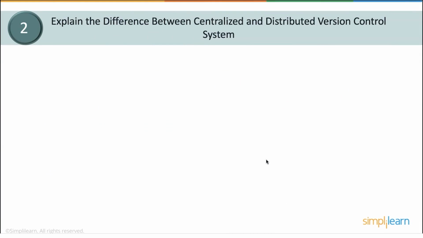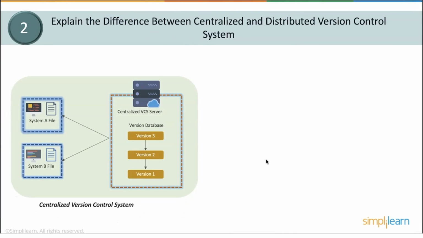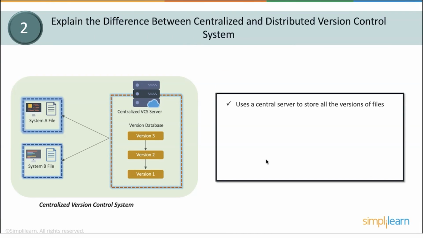Next, what is the difference between a centralized and a distributed version control system? In a centralized system, it uses a centralized server to store all the different versions of files.